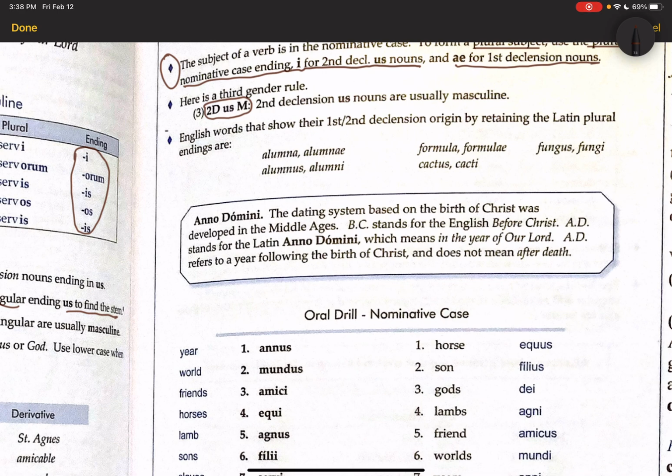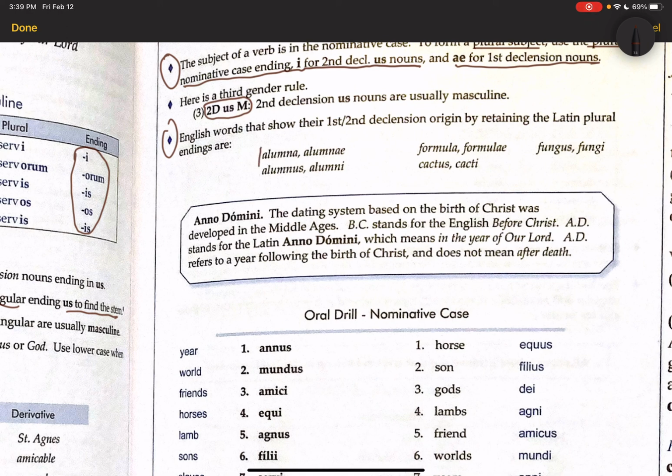Now about this one. English words that show their first and second declension origin by retaining the plural endings are alumna, alumnae, alumnus, alumni, formula, formulae, or formulas in English is how we would say it, cactus, cacti, fungus, fungi. So all of these are examples where in English we use these words.